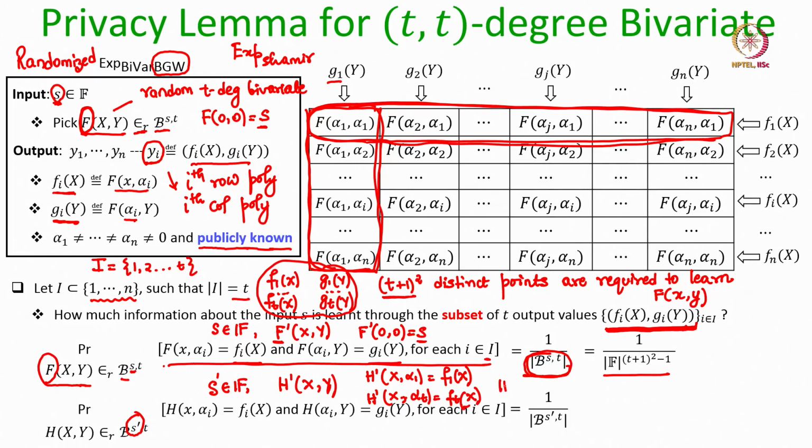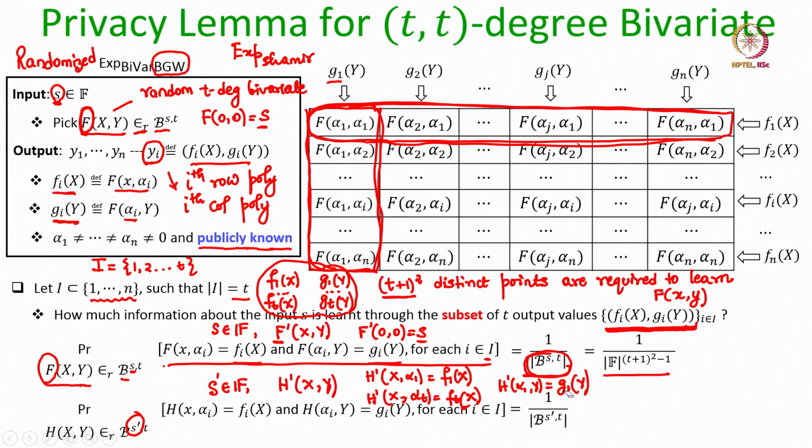and that h prime polynomial evaluated at x equal to alpha 1 would have given you g sub 1 of y, and that h prime polynomial evaluated at x equal to alpha 2 would have given you g sub 2 of y, and so on.